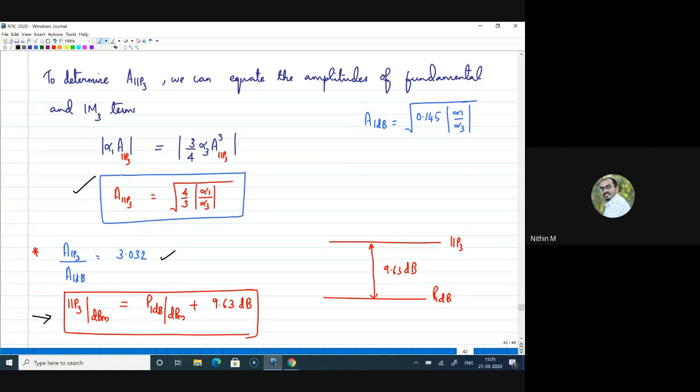Now, if you doubt the consistency of this equation, there are two things to understand. The first thing is, in order to arrive at a simple equation for AIP3, I have taken the fundamental term and the intermodulation term. This formula is applicable only if the system shows nonlinearity up to third order.